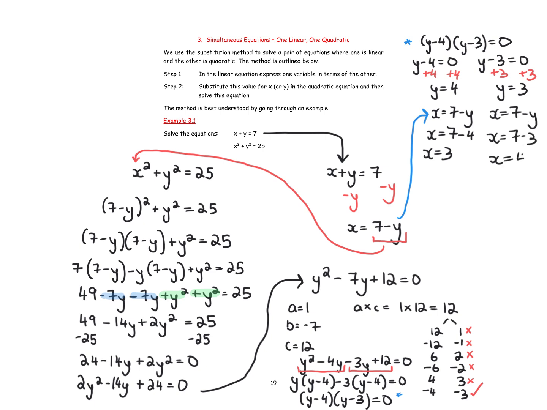So we get that x is equal to 4. Therefore, the answers for this question here are x equal to 3, x equal to 4, y equal to 4, y equal to 3. And what we've done here is we've solved the simultaneous equation x plus y is equal to 7 and x squared plus y squared is equal to 25.